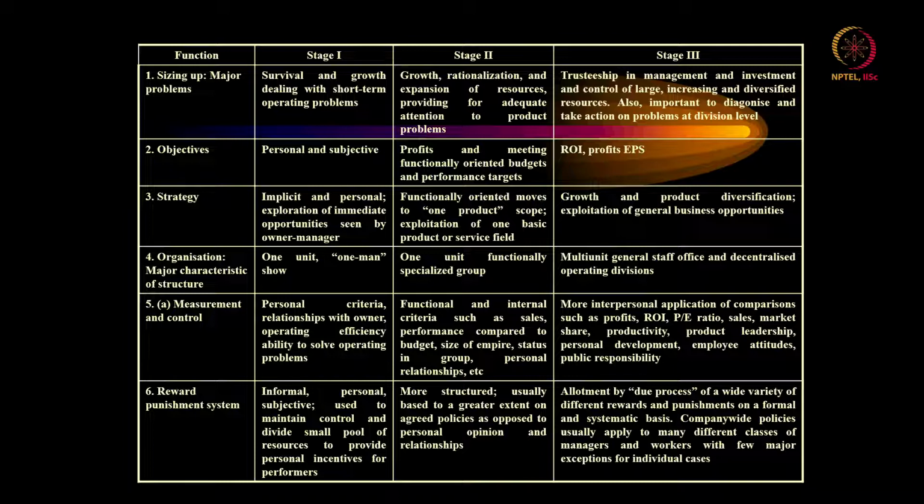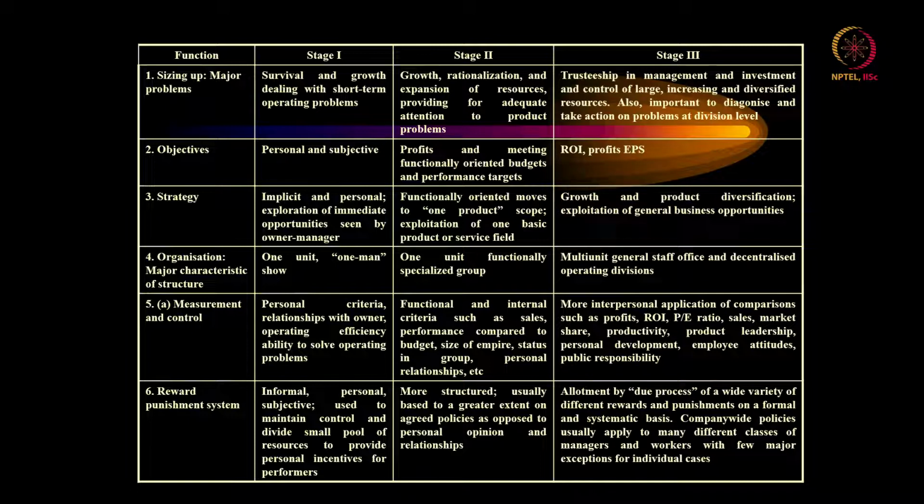In stage 3, more important interpersonal application of comparisons such as profits, ROI, PE ratio, then sales, market share, productivity, product leadership, personal development, employee attitudes, public responsibility, all these come into play a little further in stage 4. What about the reward punishment system?